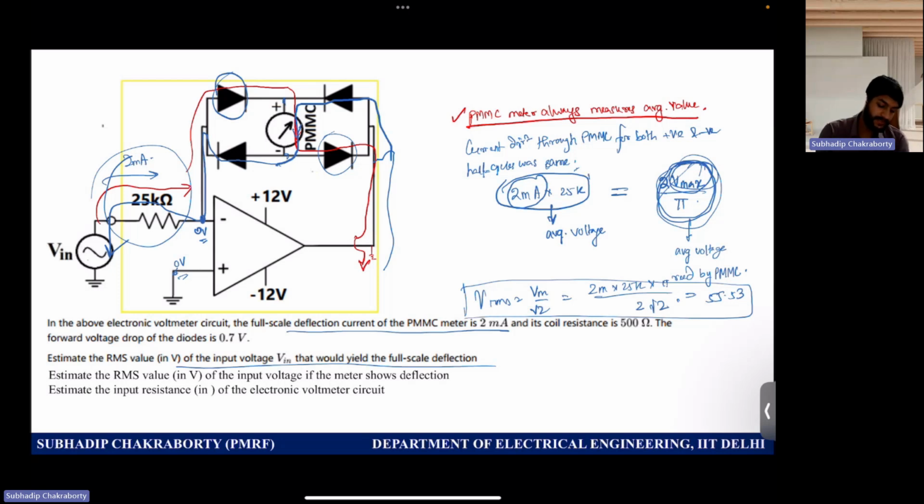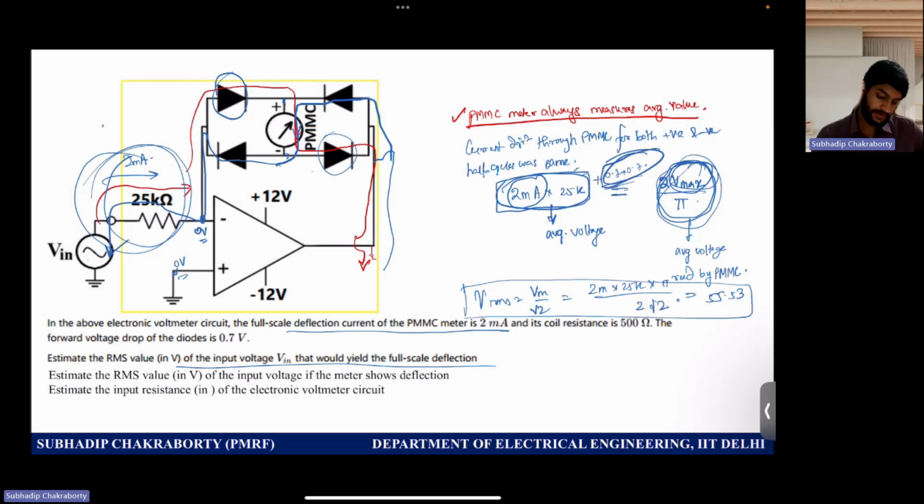But this voltage was actually the average voltage of this side, but the drop will also happen. So you can consider the 0.7 plus 0.7 drop. So these two drops are always present in the forward cycle and the return cycle, that is the positive and negative cycle.